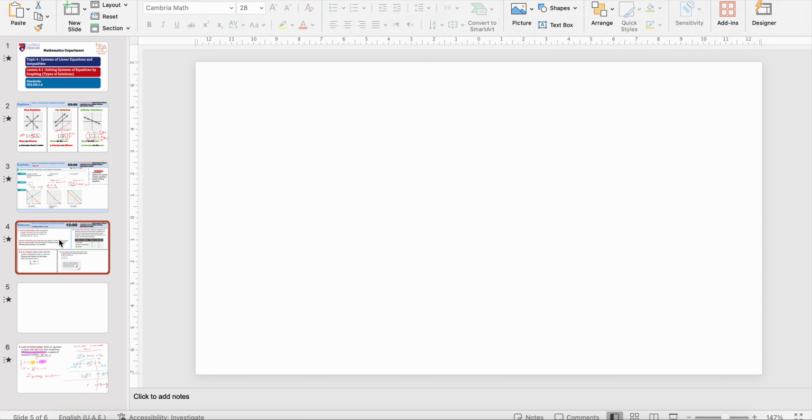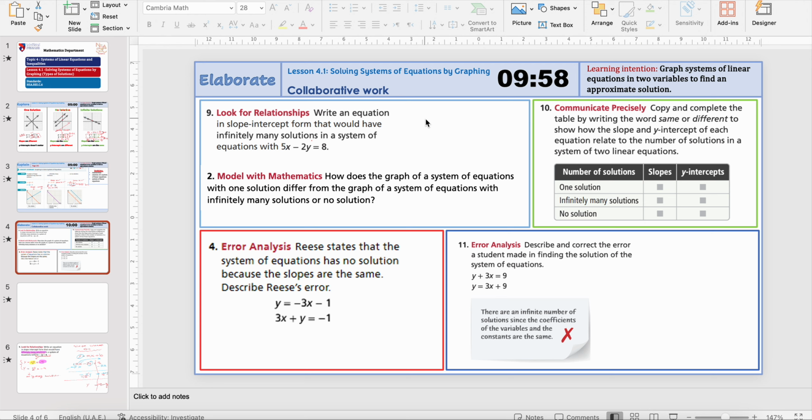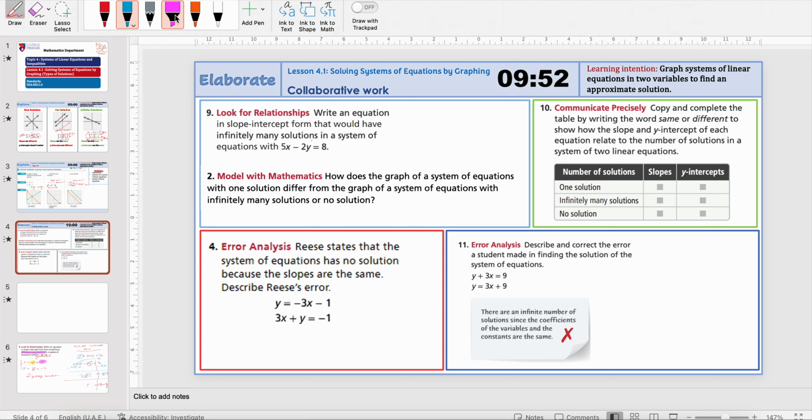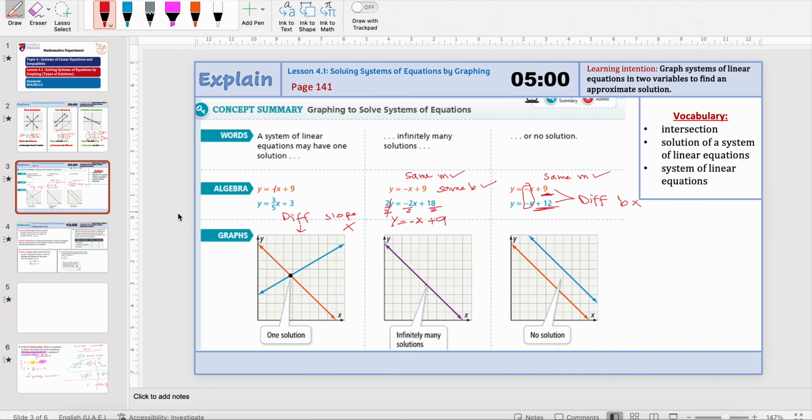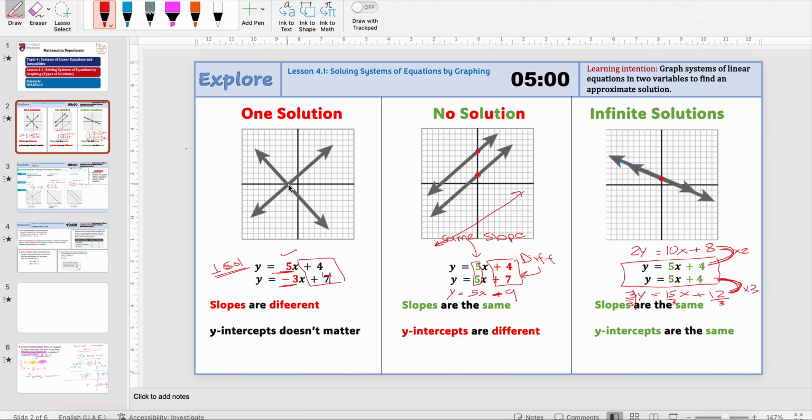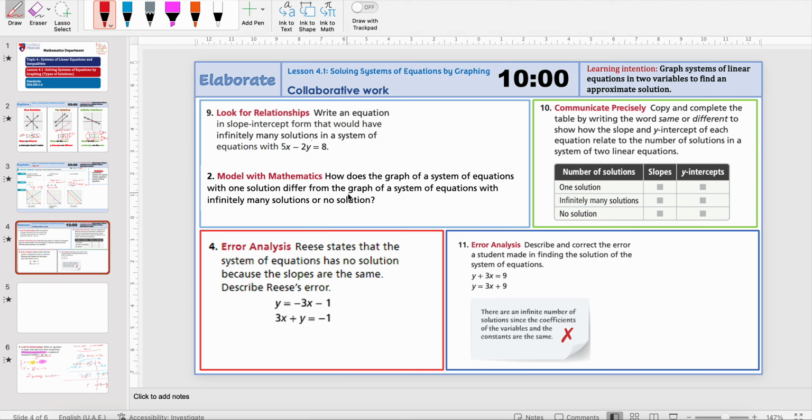Now the next question is this one. How does the graph of a system of equations with one solution differ from the graph of a system with many solutions? We already discussed this. One solution, they intersect at one location. Many solutions, they intersect many times; they are literally overlapping. No solution, they don't intersect, they are parallel lines.